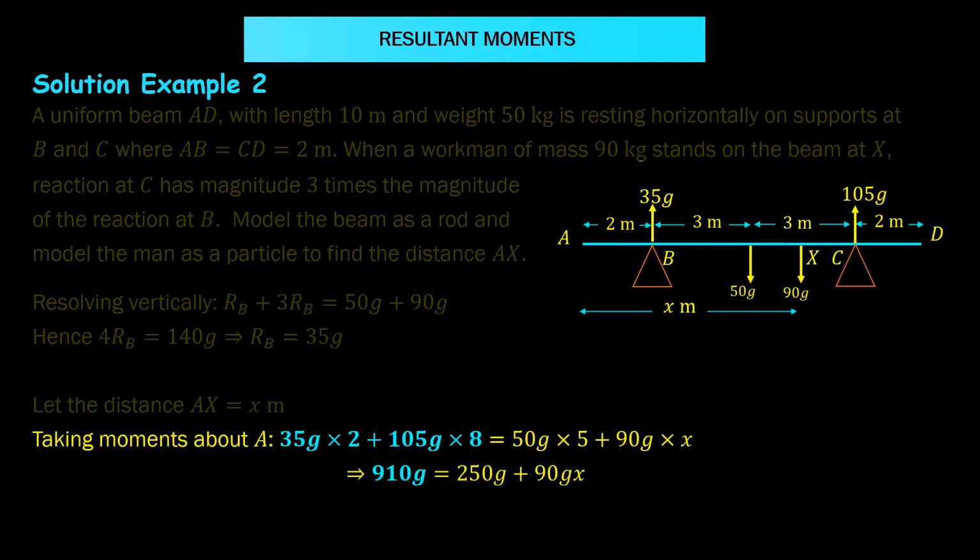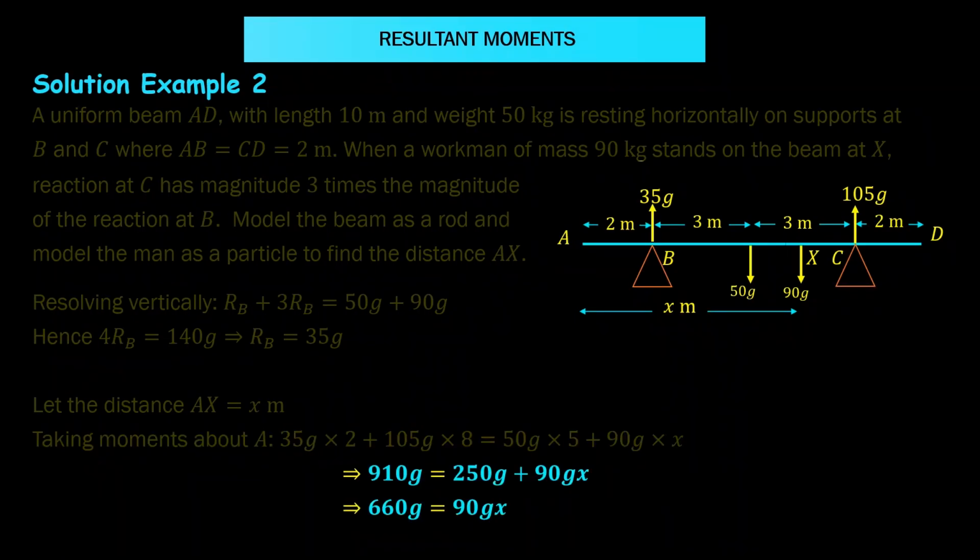And then tidying up gives us 910g equals 250g plus 90gx. And tidying up further gives us x equals 7.33 meters.